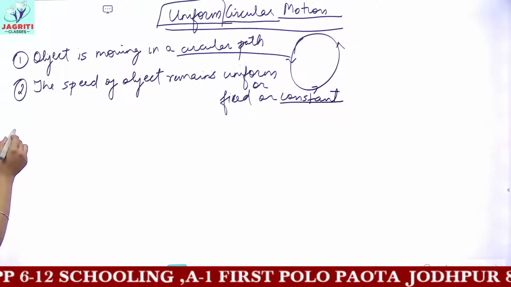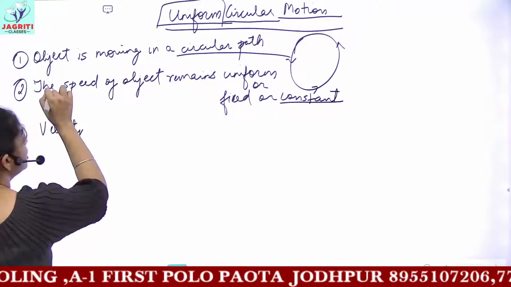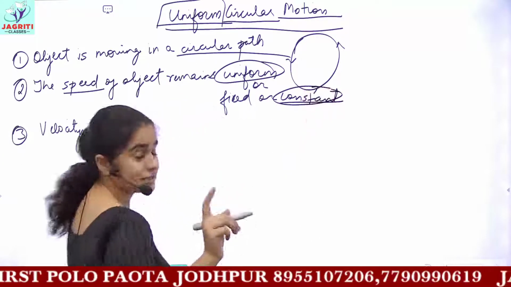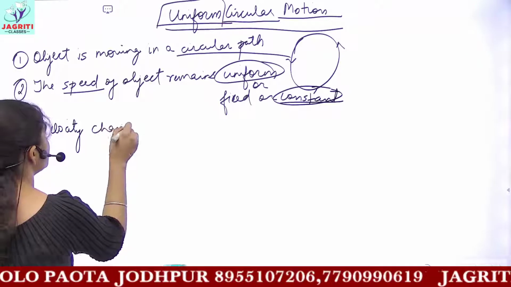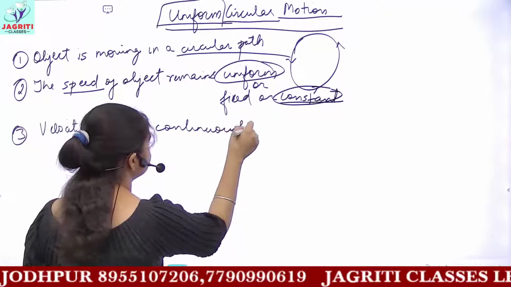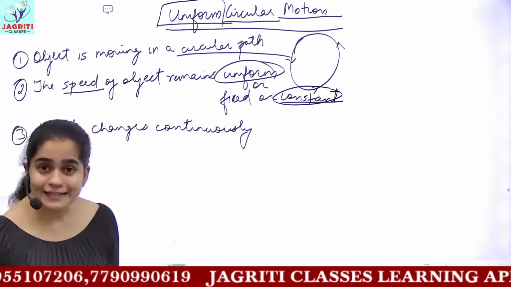But remember the next important point, that is the velocity. No doubt the speed of the object remains uniform, that is the speed remains fixed, while the velocity changes continuously in this kind of motion. Why are we saying speed is remaining constant but velocity is changing?